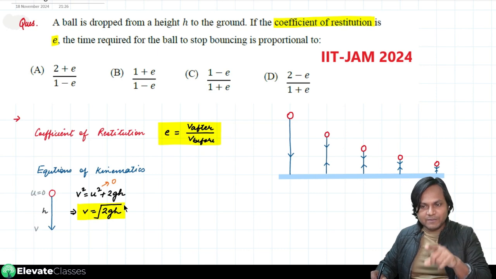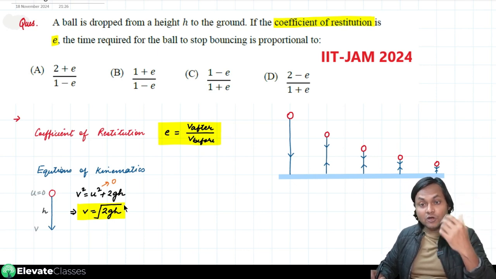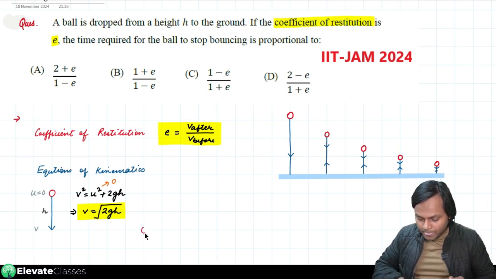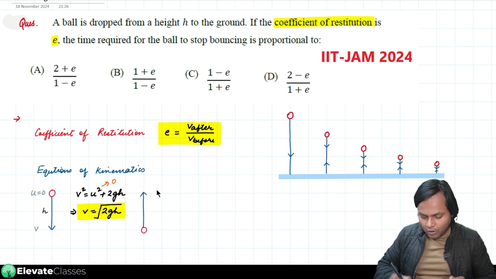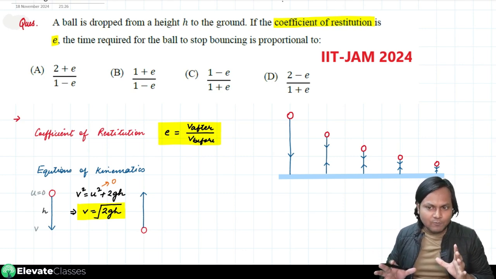So that means if a ball falls through a height h, it gains a speed of v. Keep this in mind because I'm going to be using this expression in my steps later on. But we can say the same thing about a ball that is going upward. For example, if a ball is thrown up with a speed of v, then it will climb the height of h, because the whole motion is symmetric.